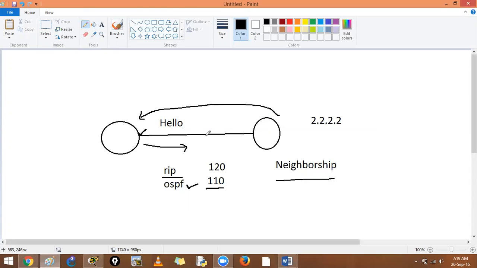And after the database is exchanged, they will only send hellos. And if there is some link coming up or going down, then the update is triggered. So no need to send out all the routing table updates after every 30 seconds. Better than RIP, right? RIP has a limitation of 15 hop counts away. This does not have a limitation.